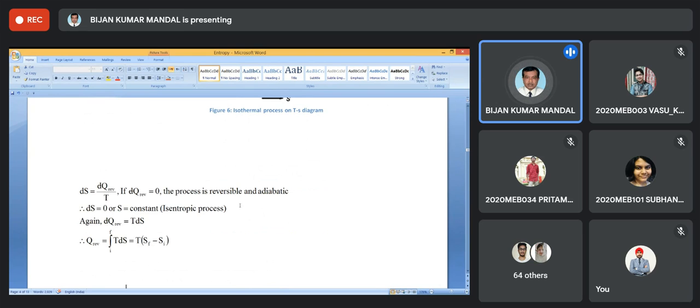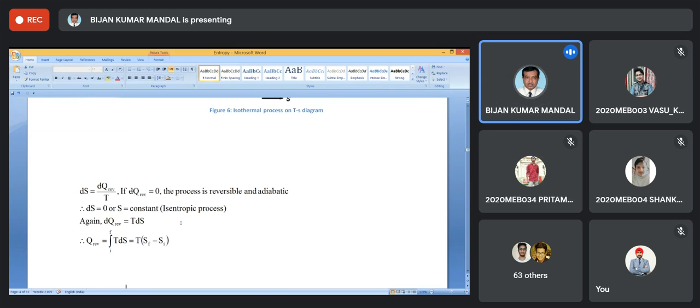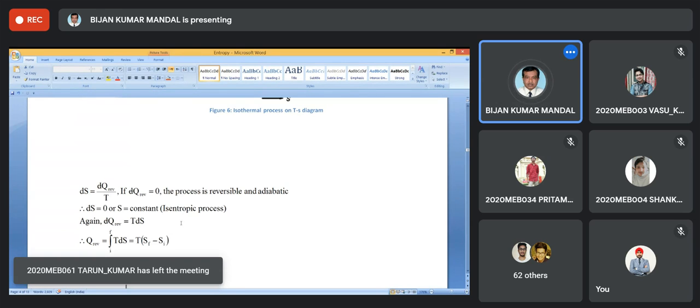Now if you go for a reversible adiabatic process, Q is 0. So for a reversible adiabatic process, dQ is 0, therefore dS is equal to 0, or S remains constant, and that is also known as an isentropic process. The process in which entropy remains constant is known as an isentropic process. So a reversible adiabatic process is an isentropic process.